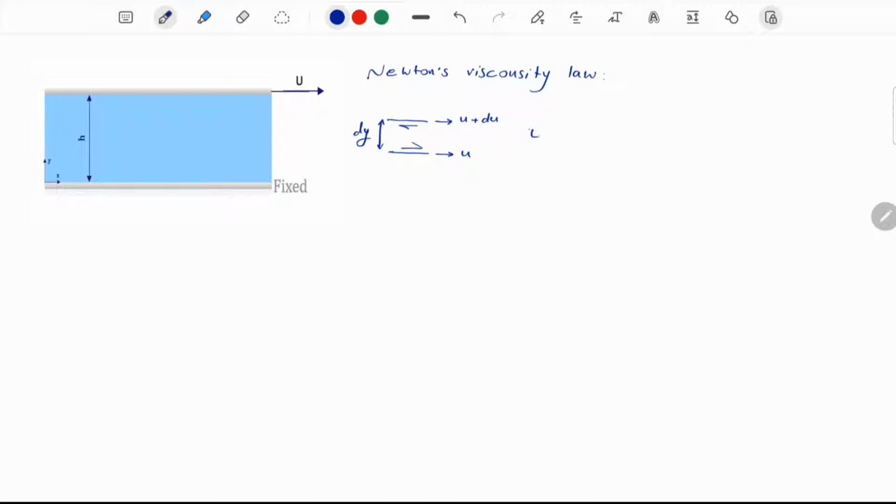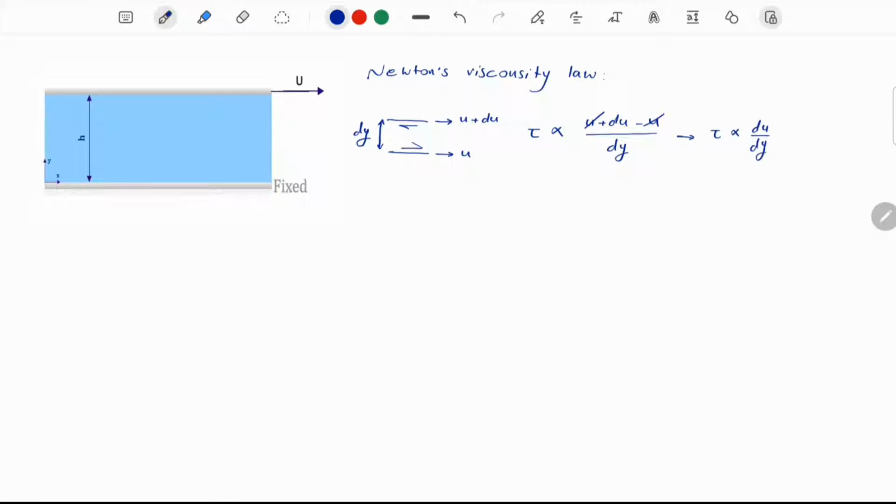This tau is proportional to velocity gradient. What is velocity gradient over here? U plus du minus u over dy. This is our velocity gradient across these two layers, okay? And it gives us tau is proportional to, these u's cancel each other, du over dy, okay?